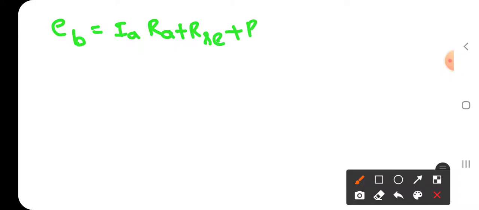EB is equal to IA into (RA plus RSC) plus REB.